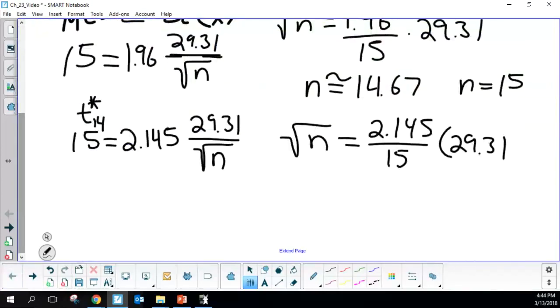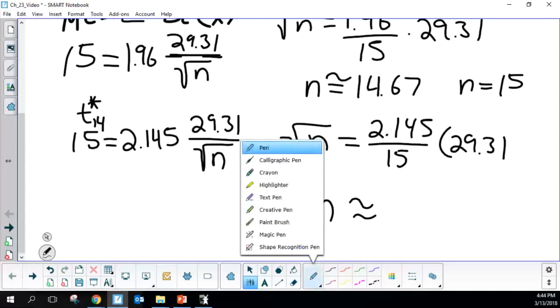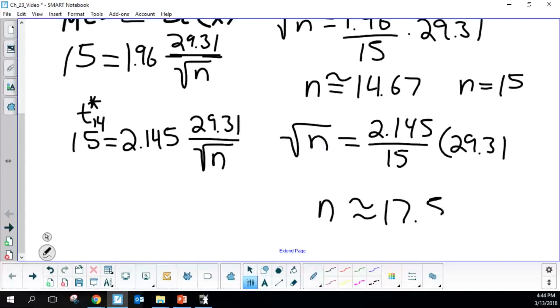I was doing something on our screen. We solve for this. We're going to get n. Let's see what happened here. A little slight issue. Hang on. Now solving for this, we get n is 17.56. Or n, I need 18 in my sample.